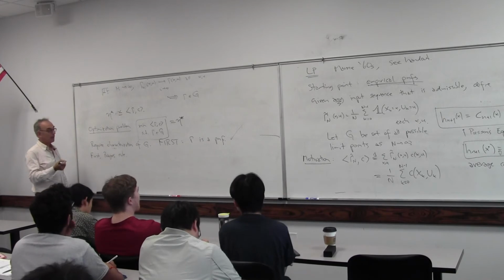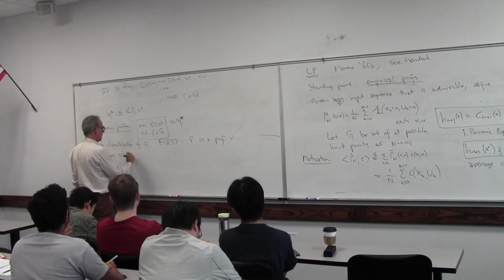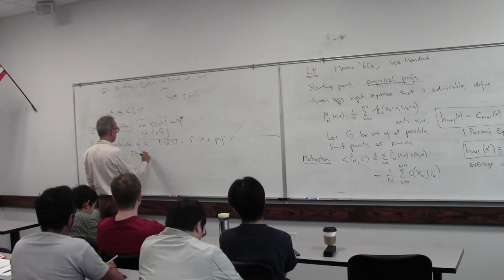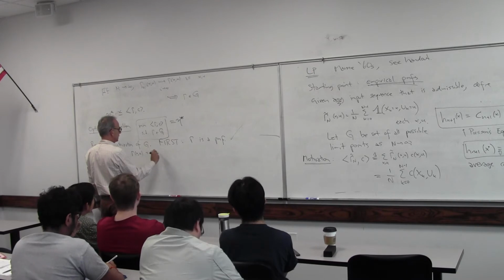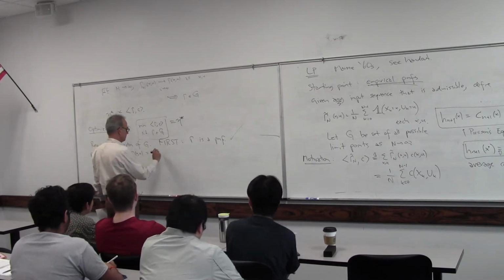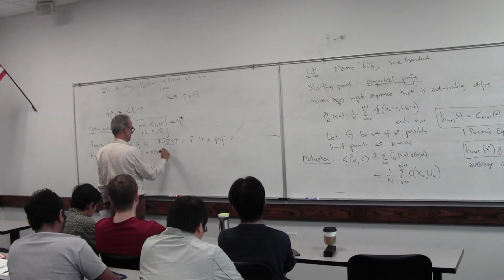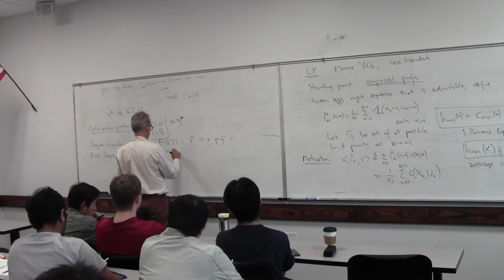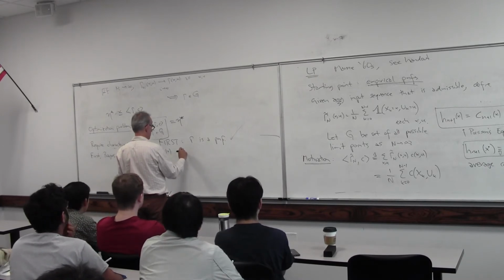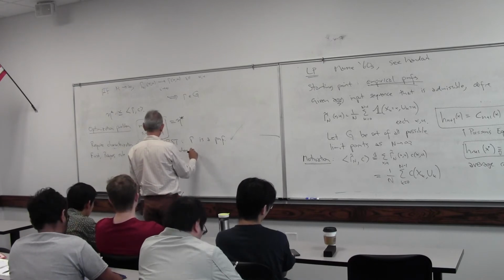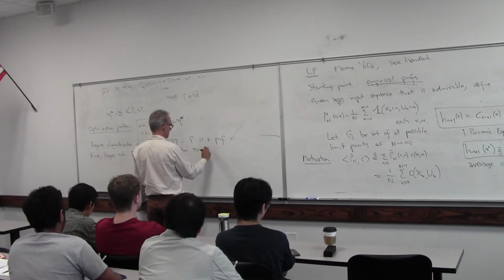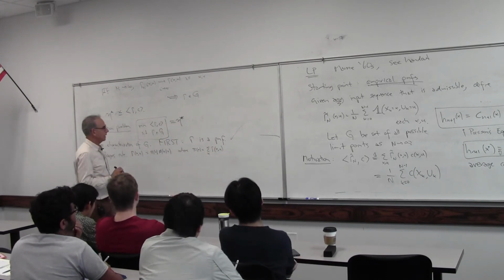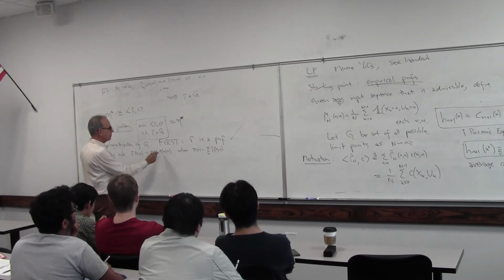The next step is Bayes' rule. I'm going to write out gamma of x, u equals pi of x. That's just notation if you want. Basically, this is just a definition.